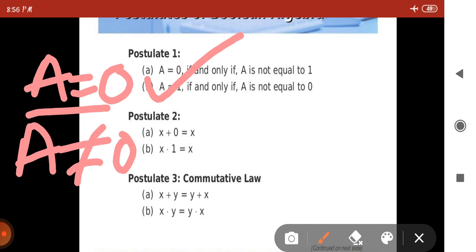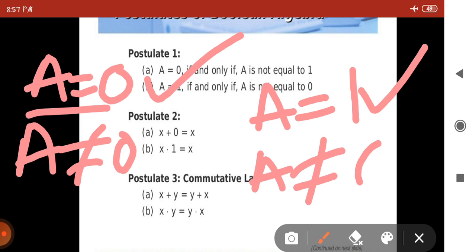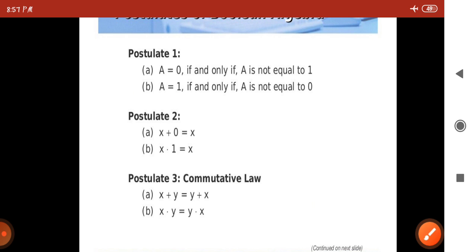If the condition is a equals 1, obviously a is not equal to 0. If a is 0, a is not 1. This is the first condition of the expressions.